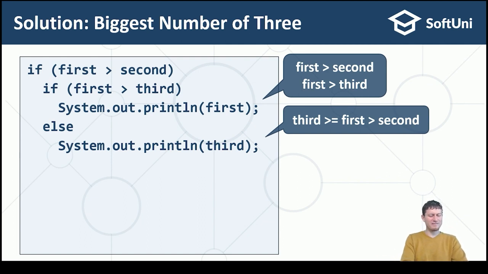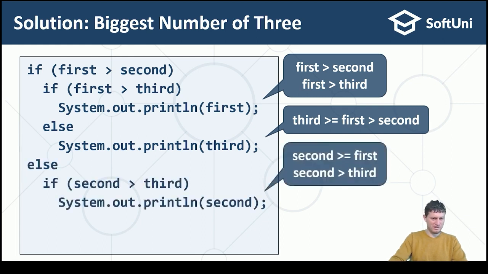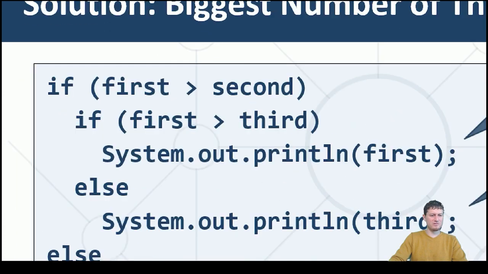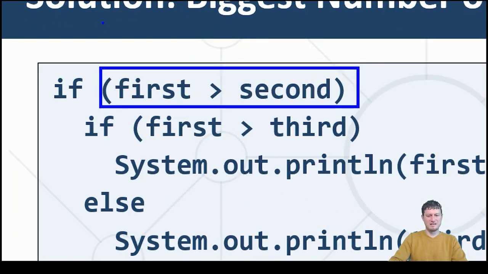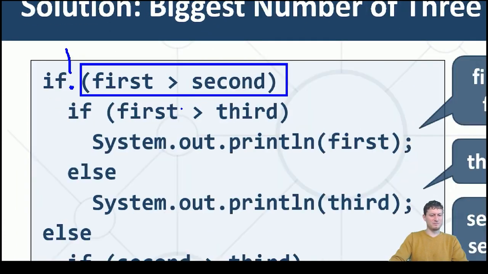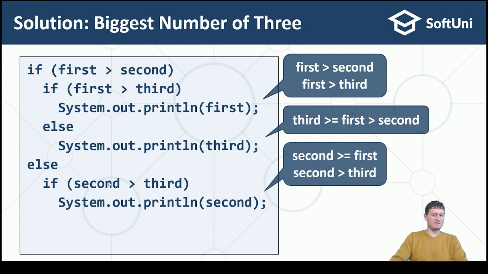Otherwise, we have that the second is bigger than the first, because it's the opposite of this. And at the same time, I have second bigger than the third, so second is bigger than both first and third, or equal, but this doesn't matter.